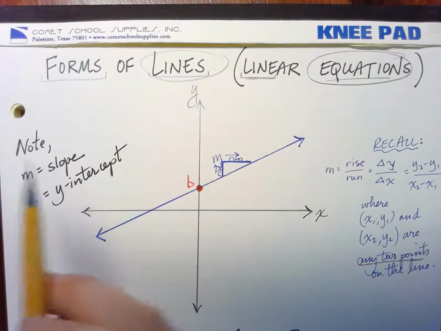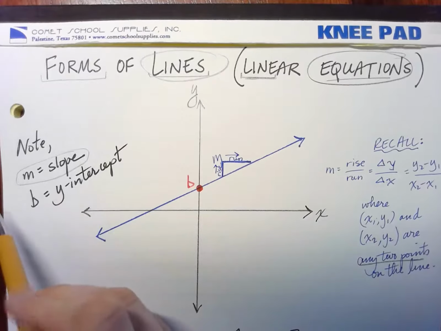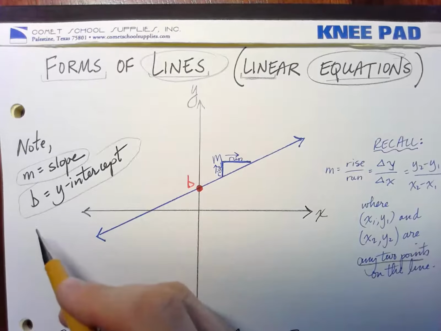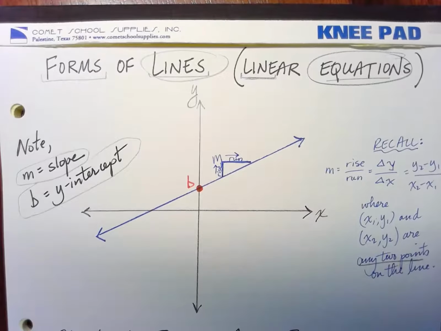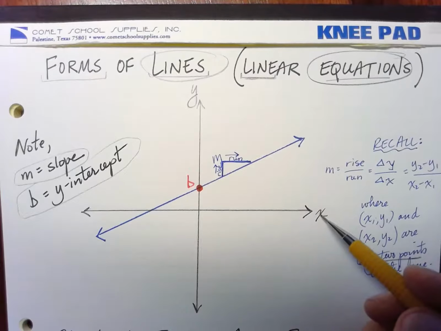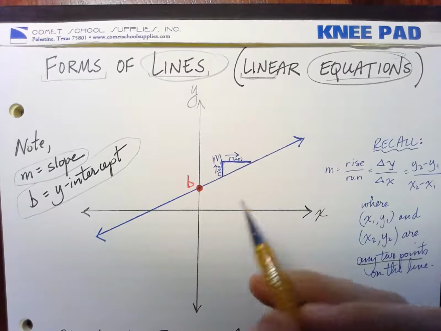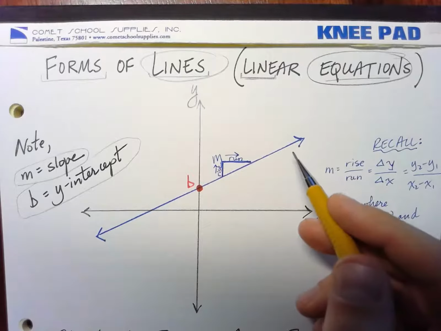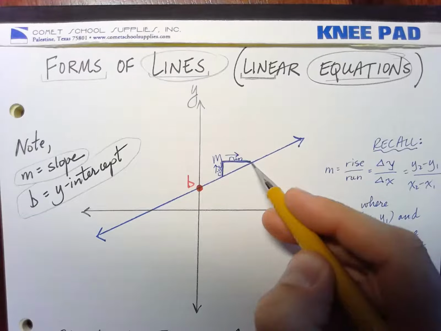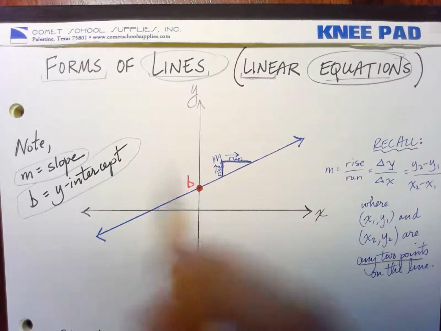So m is the slope. We're also going to introduce a new variable, lowercase b, which is the y-intercept. I have demonstrated that on this line here. Here is my x-axis and my y-axis. I have this blue line, and I have the slope measured out with my rise over my run. That's the lowercase m.